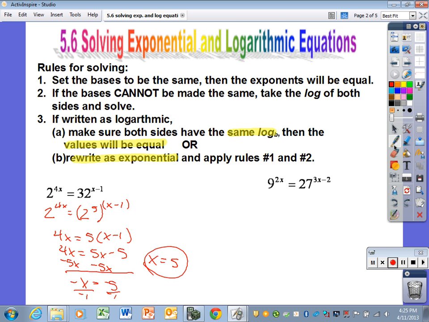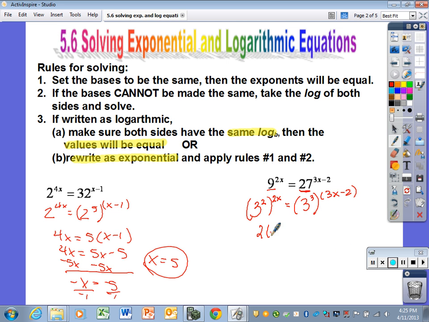Now this one. Can I ever get 9 and 27 to be the same base? Think carefully. Base 3. 9 is 3 squared. I still have to raise that to the 2x. 27 is 3 cubed, which I must still raise to the 3x minus 2.